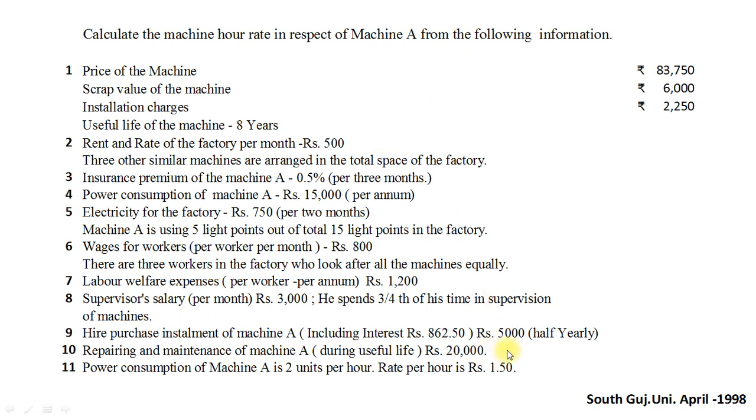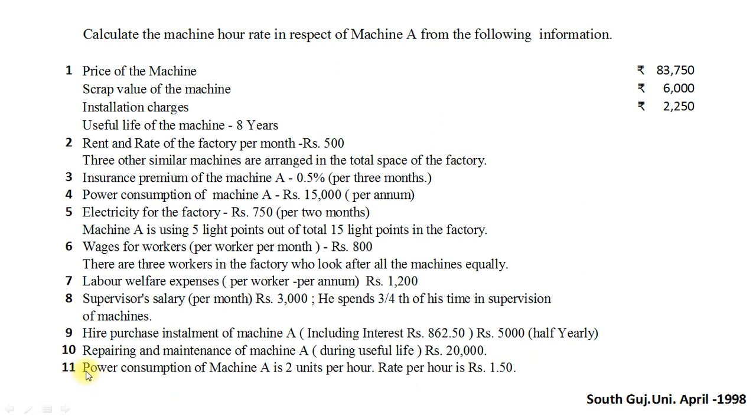Okay. Now power consumption of machine A is 2 units per hour, and rate per hour is rupees 1.50. My dear students, to calculate machine hour rate, we need to have machine working hours during the year. Same like the previous example, here too the working hours of the machine is not readily available. We need to calculate it, and it will be calculated from the information of power.